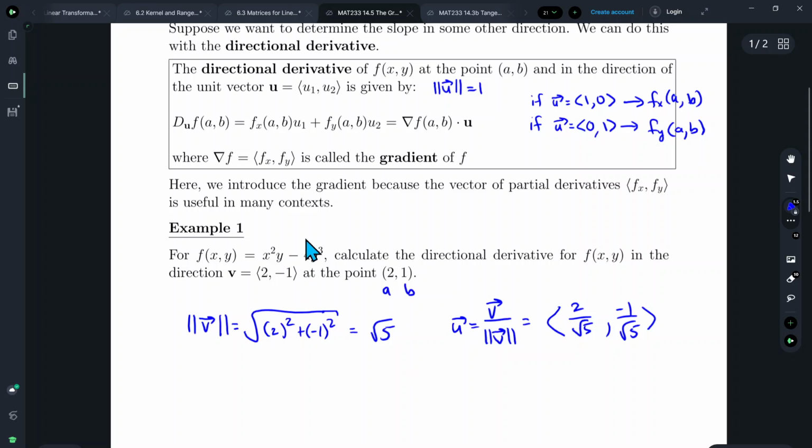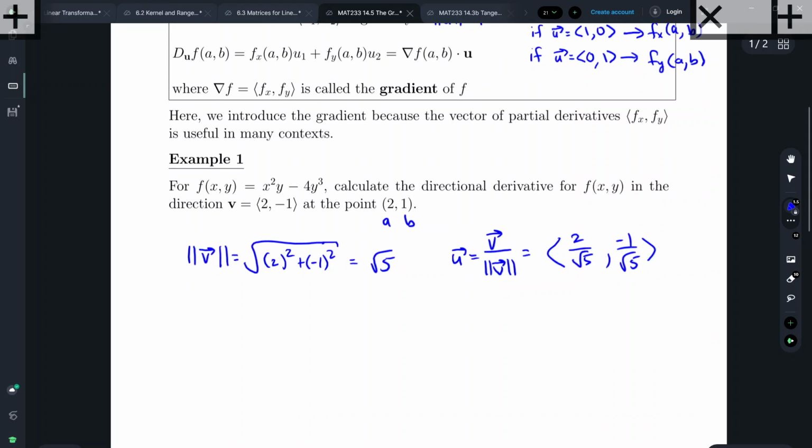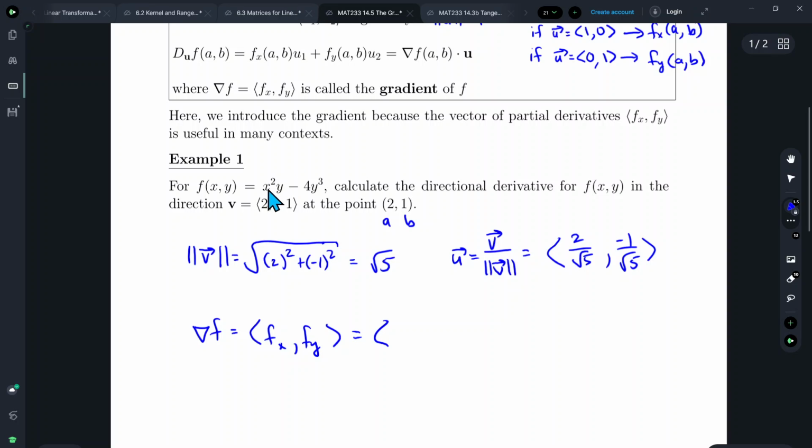And so what else do I need? So to calculate this, I need my two partial derivatives. Right, so let's use the gradient notation. Gradient of f is the vector with the partial derivatives. So what is the partial with respect to x?